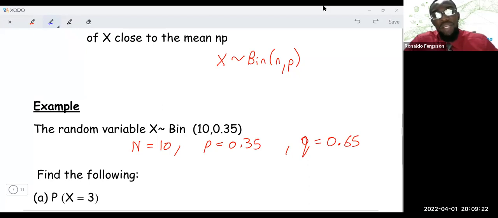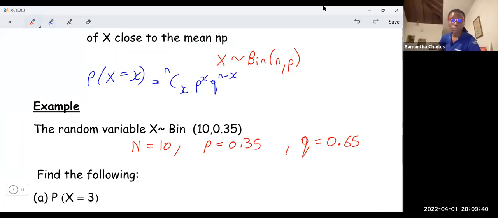Remember the formula: the probability of X equal to x is equal to nCx, then we have p to the x, q to the n minus x. In this case, we know everything.